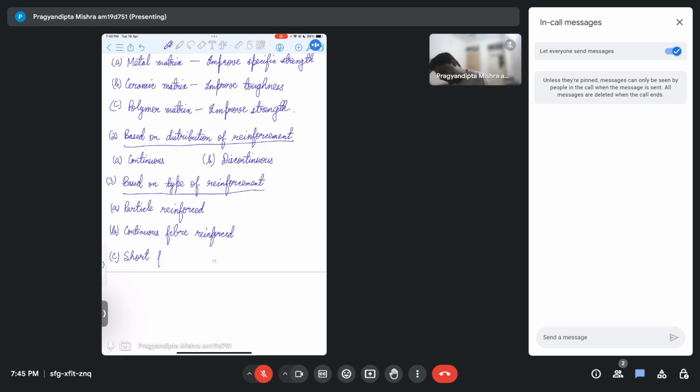So this is the density of a composite by the rule of mixture.